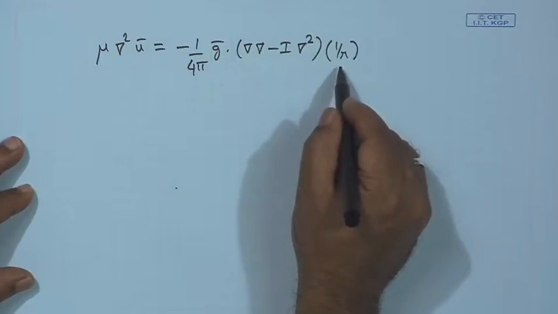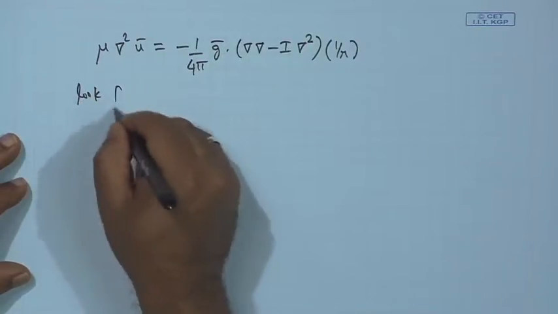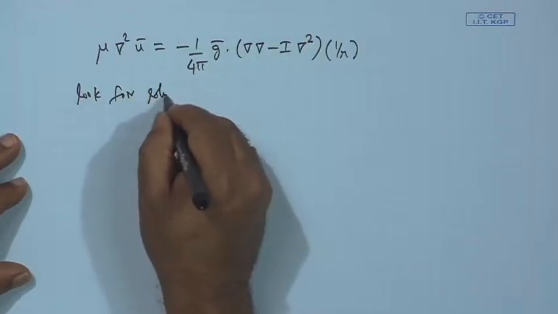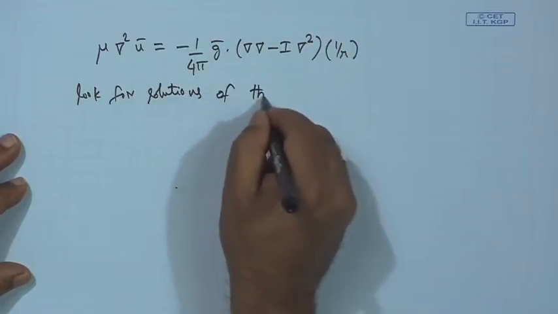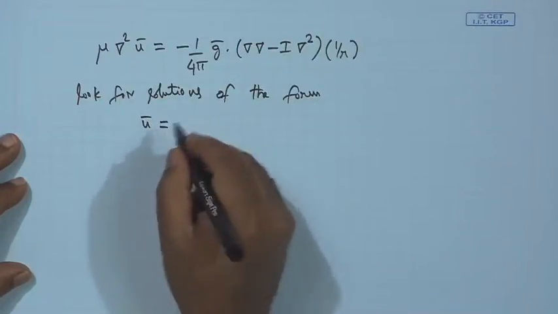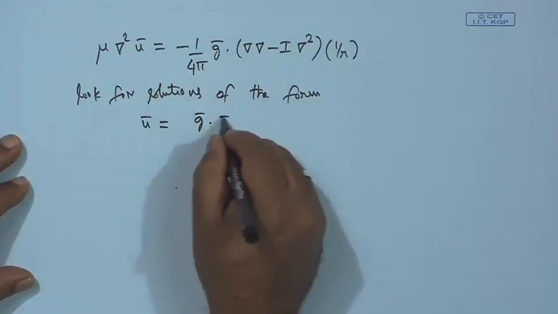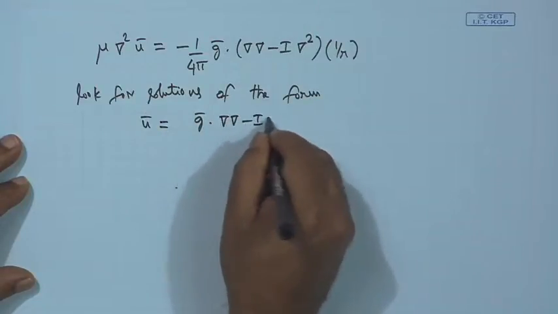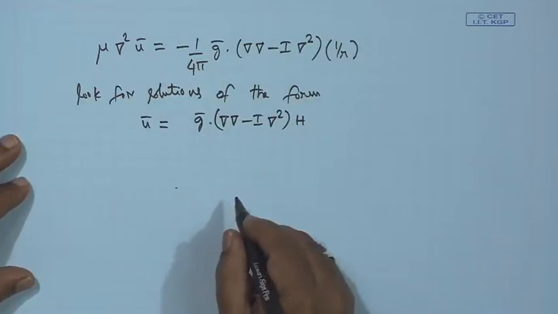r. Okay. So, this prompts that we look for solutions of the form u bar equals some h. Okay.